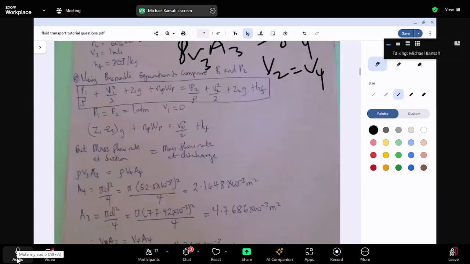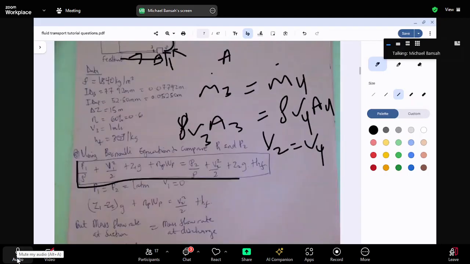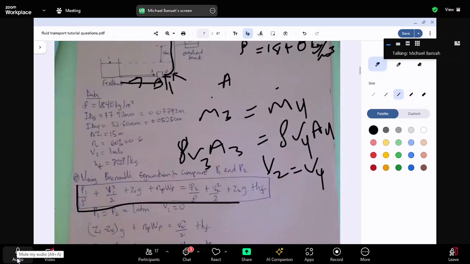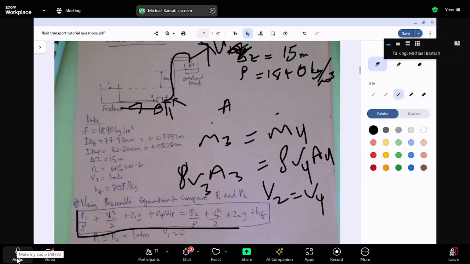Now, coming back to our formula, the Bernoulli equation. This is it. All right, so the Bernoulli equation, they picked point 1. That is the point in the tank. I told you Bernoulli equation is for flow between 2 points, so at point 1 and at point 2.